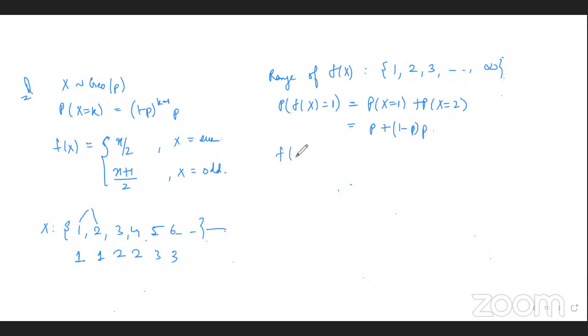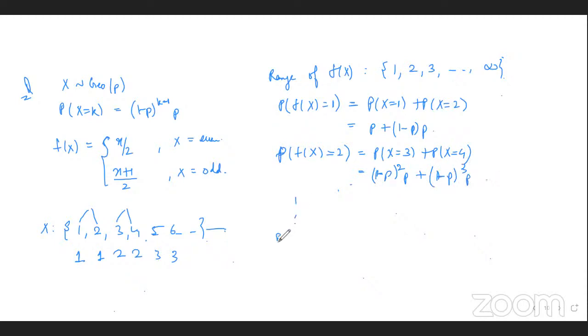Now, what is p of fx of 2? So we got 2 for x equals 3 and x equals 4. This is probability x equals 3 plus probability x equals 4. So this is 1 minus p to the power 2 into p plus 1 minus p to the power 3 into p. So it will go on like this.